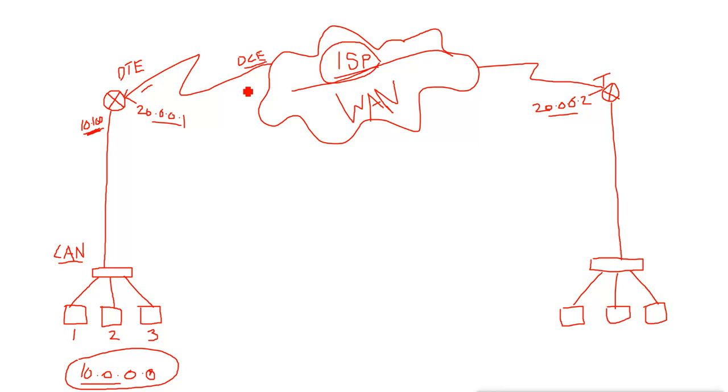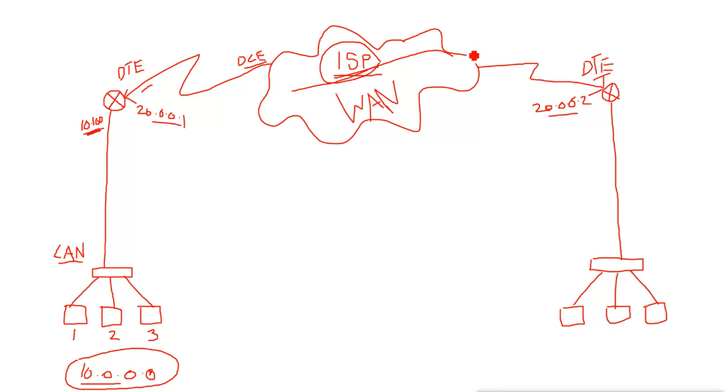So it is managed by the ISP, and we don't have to care about it. We just get the link, and based on the speed and reliability of our link, the ISP will manage the clock rate. The same applies to the other side in our other location. The DTE side will be on your router side, and the DCE side will be on the service provider side.